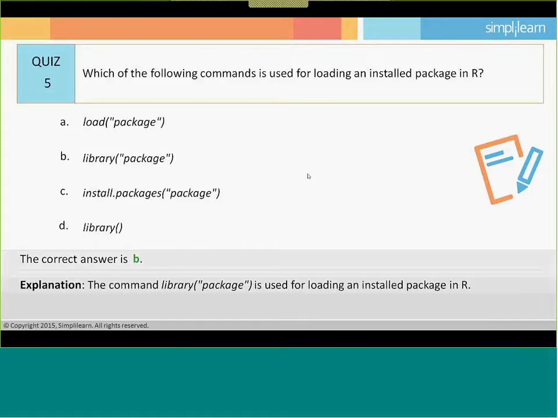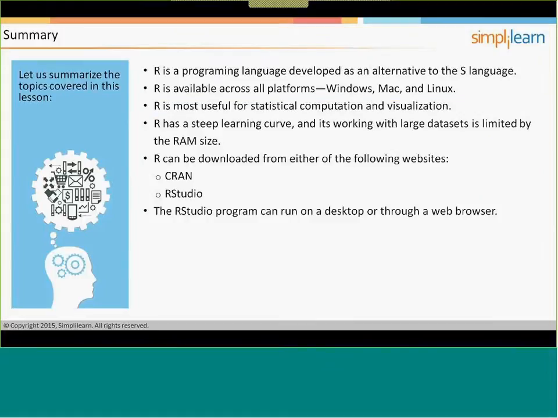Okay, so the summary here, R is a programming language developed as an alternative to the S language. S is pretty much defunct now. R is available for Windows, Mac, and Linux, which is really nice if you have different computers. R's primary purpose and invention was for statistical computation, and then we added really good visualizations on top of that.